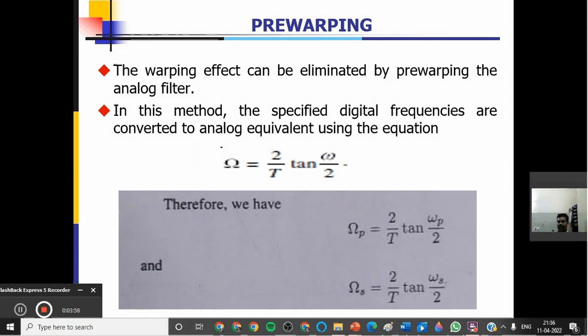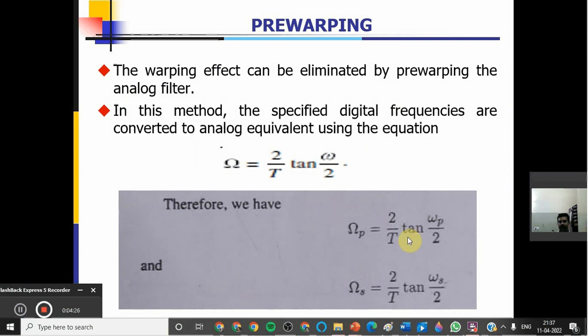In this method, the specified digital frequencies are converted to analog equivalents using the equation: analog cutoff frequency omega is equal to 2 by T tan omega by 2. This omega is the digital cutoff frequency.